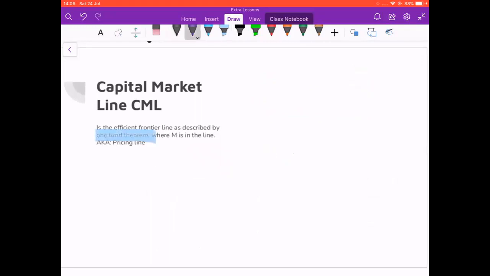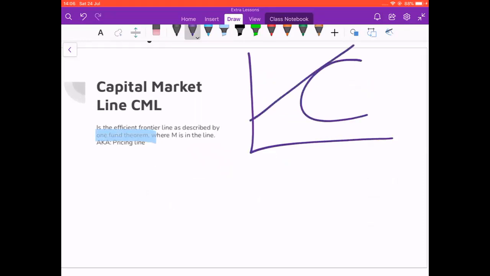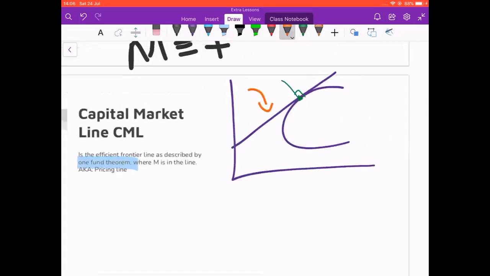This one here is going to be your tangent portfolio. This line is called your efficient frontier, and you can also call it the capital market line. In this chapter, we are basically going to refer to it as the capital market line.